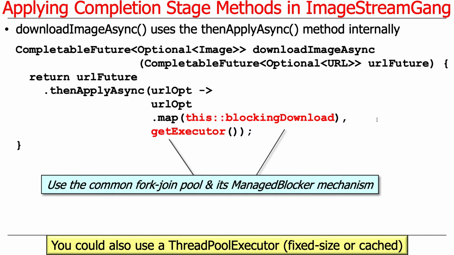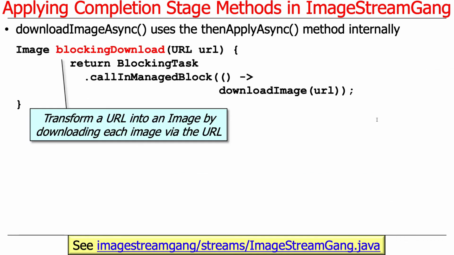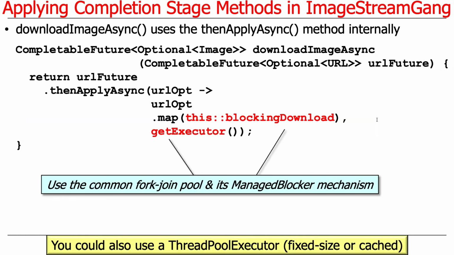So the way to think about this is, after we determine whether an image URL has already been cached, then we're going to asynchronously download images that were not cached, and that will give back a completable future to an optional image. That's what's returned as the return value of this particular method.